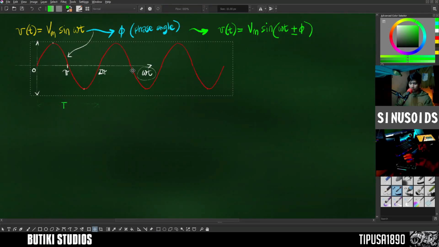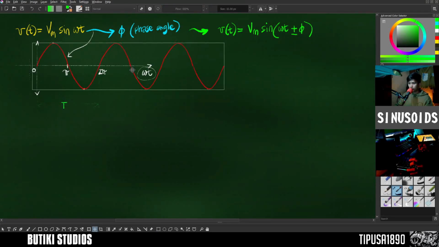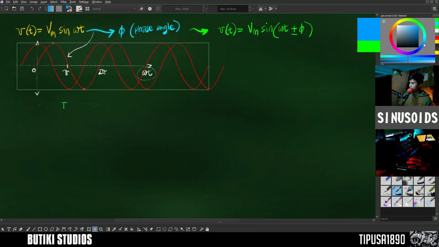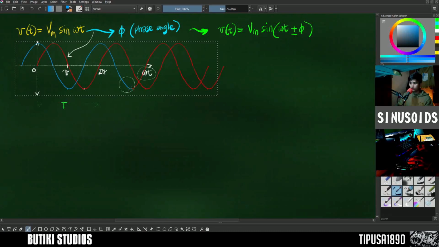So we copy this same wave, and say for example, if you move it to the left, then to get rid of the confusion, let us change its color to blue. The blue wave is one and the same as our red wave, only that it is shifted to the left.